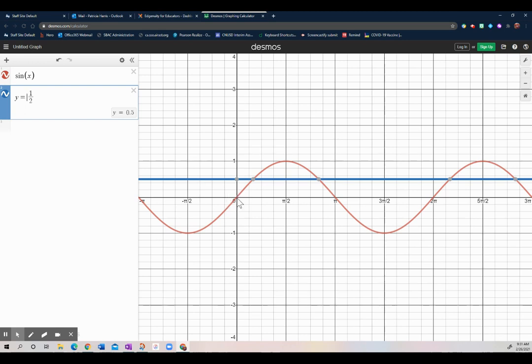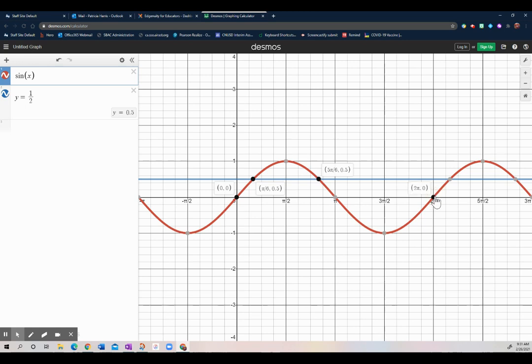So starting at 0, it's below at 0 to pi over 6. And then it goes above, so I don't want that. And then right here it goes below again. It's below, below, below, below. And then I stop at 2 pi.